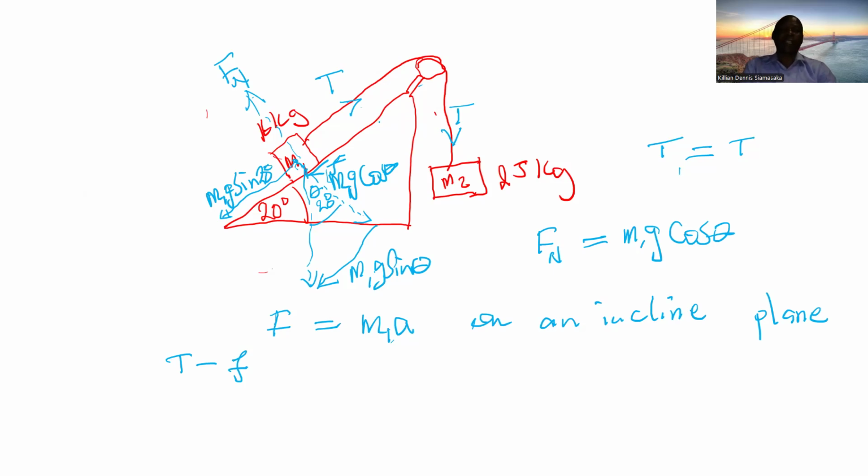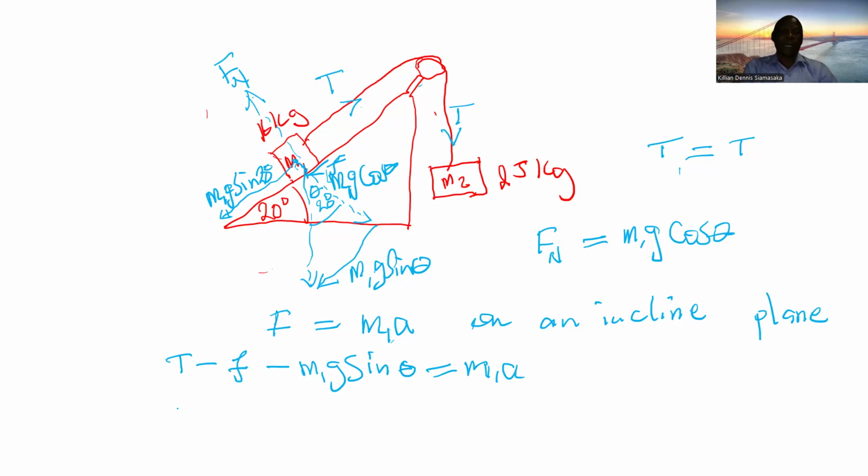It's against the tension force. Also, we have another force, which is m1 g sine theta, also in the opposite direction from the tension or from the movement of the object. And therefore, we can say this is equal to mass 1 multiplied by acceleration.